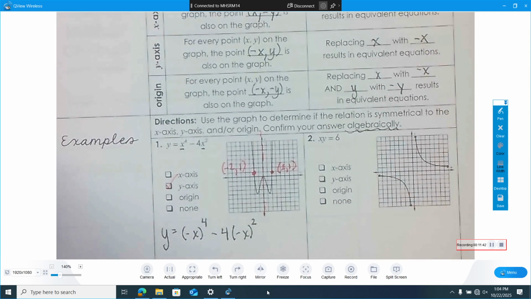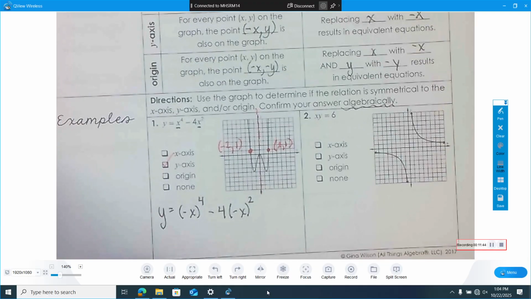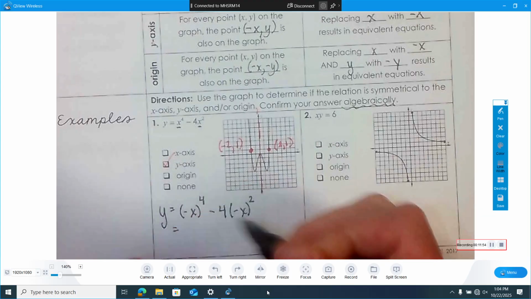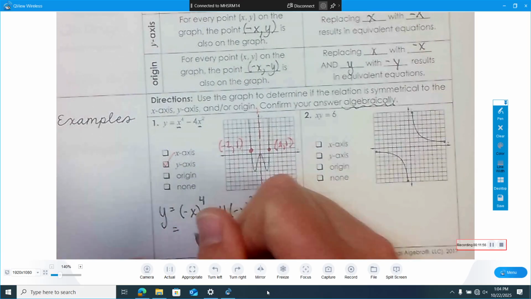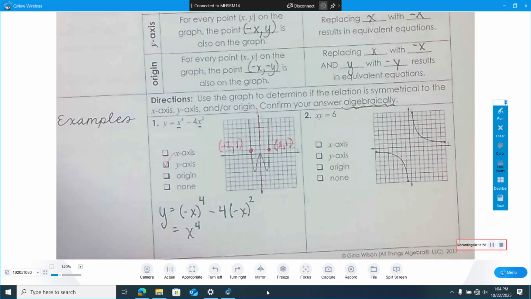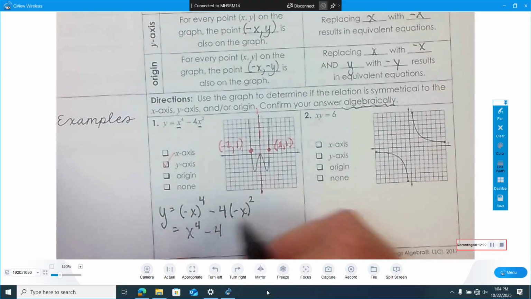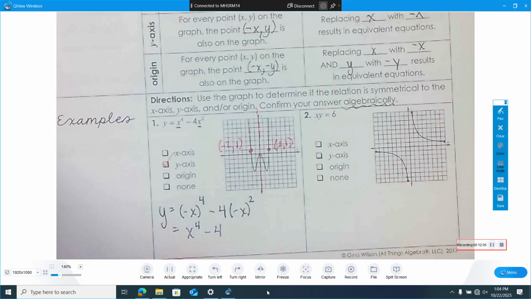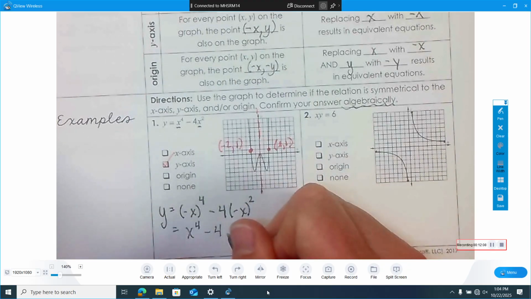And now we're going to do the algebra and work it out. Negative x quantity to the 4th. Does it turn positive or negative? Turns positive, yeah? Great. Because we're repeating it 4 times. That goes positive x to the 4th. Here I have a negative 4 times. I have to do my exponent first. Negative x quantity squared becomes x squared.